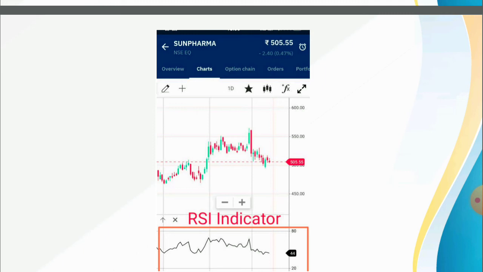Now comes the important thing: how to make use of this RSI indicator. When you add RSI to your chart, you will see it like this. As the period is 14, the black line, the RSI indicator, tells you the strength on both the up and downside of the stock for the last 14 days on a daily chart, or 14 weeks on a weekly chart.